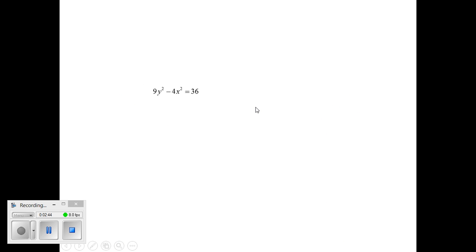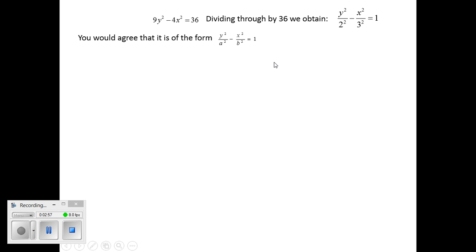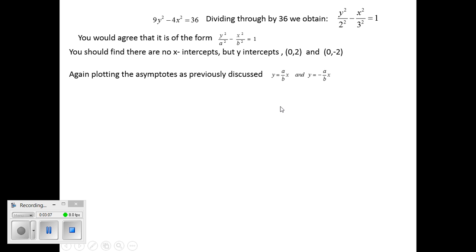Okay, let's try another one here. This, you might suspect, is going to open up and down because of the y term being first. Again, we're going to divide by 36, so I can identify my A and B, from which I can identify my vertices and the orientation of the thing.